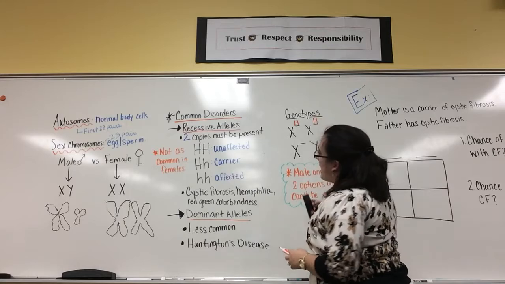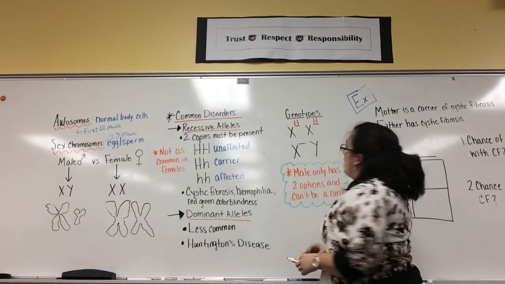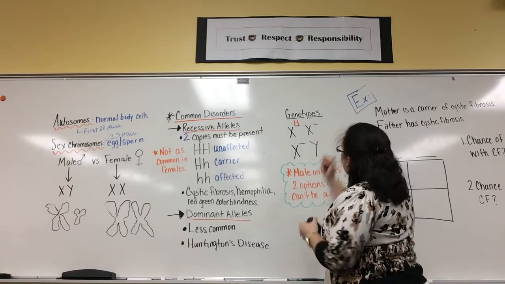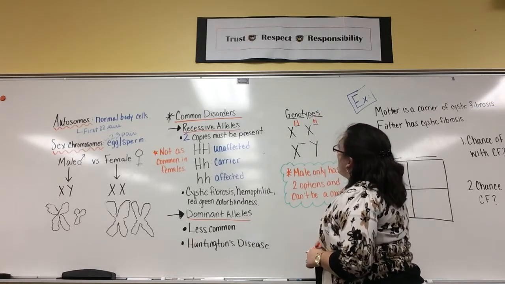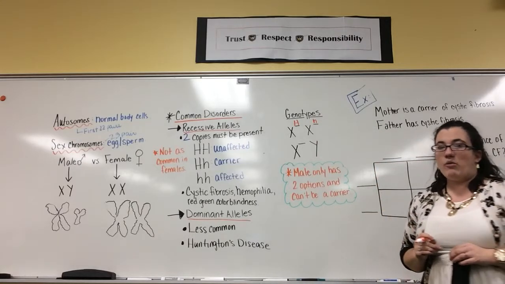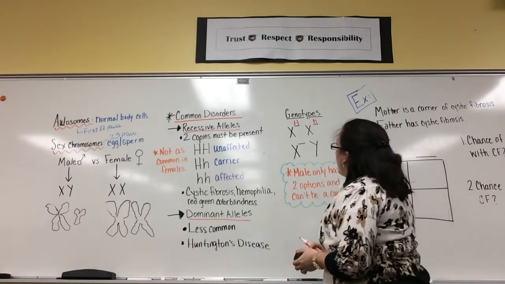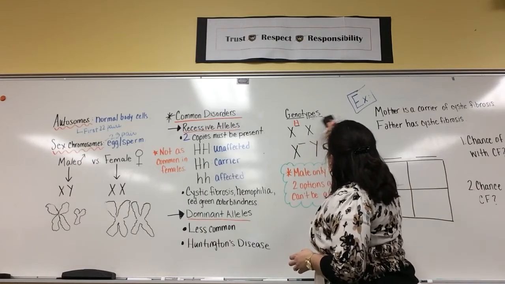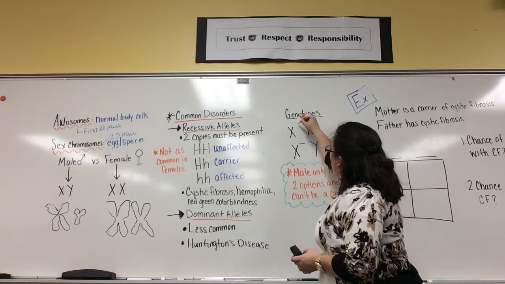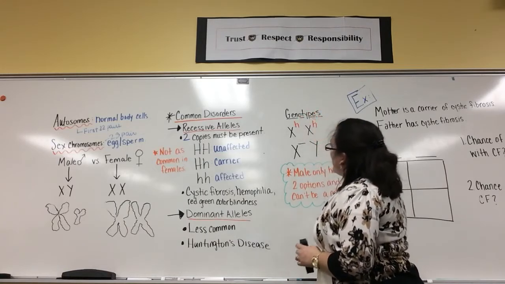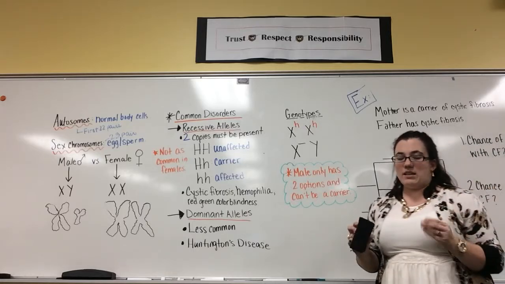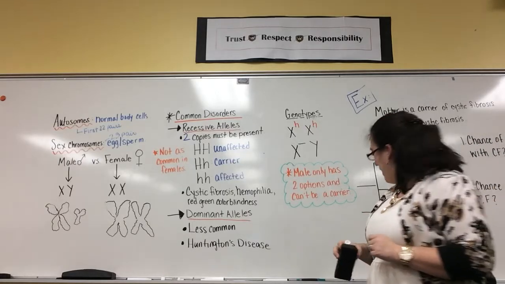Now, if she was just a carrier of the disorder, we would erase this big H over here and put a little h. And so then she would be considered a carrier of a recessive disorder. And then finally, if she was affected by the disorder, she would have 2 little h's. And this would signify that it was a female that was affected by a recessive disorder.